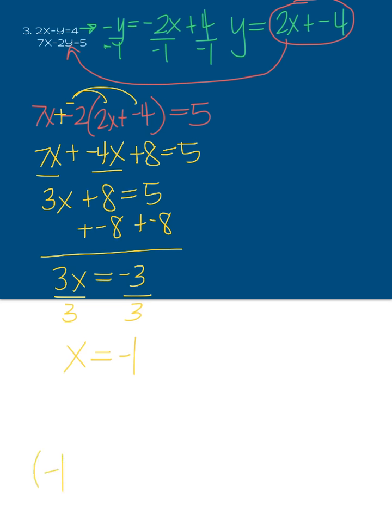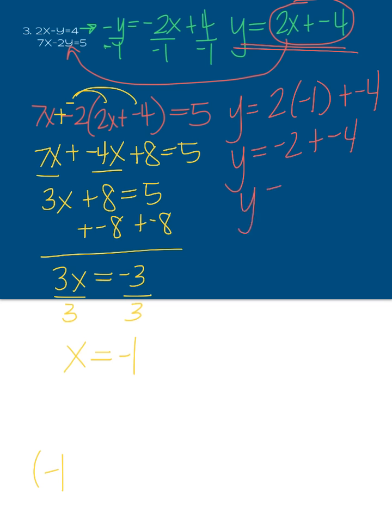So the last thing I need to do is go back to this equation of y equals and solve for y. So y equals 2 times -1 plus -4. So y equals -2 plus -4, and y equals -6.